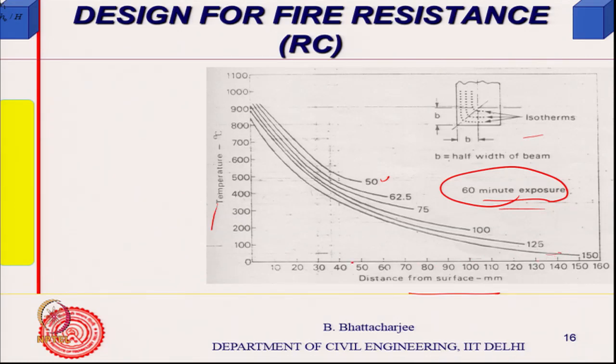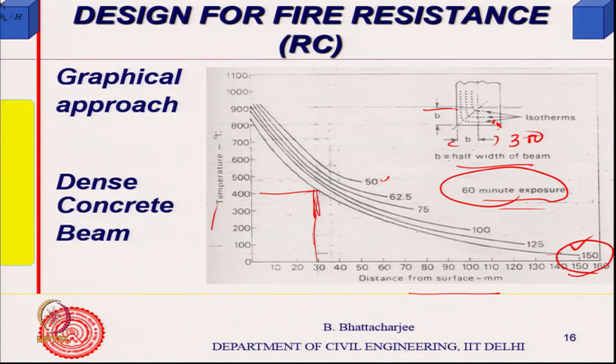For corner steel you consider the diagonal distance. At 30 mm you can see about 400 degrees centigrade. This is the half width of the beam; if the half width is 150, then this is 300 mm and this is also 300 mm. Such curves are available for concrete and one can obtain them.